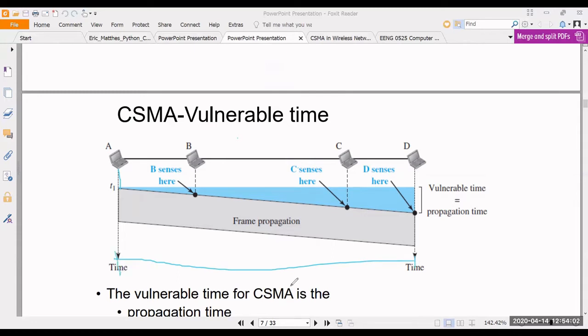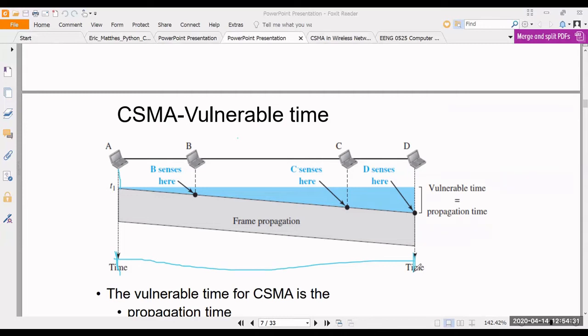So my question is, looking at this and then with the explanation we have, what can we say about the vulnerable time within the whole instance here? What can we say about the vulnerable time? When can we have collision? We can have collision only during the period that this has transmitted until it gets to the last host.